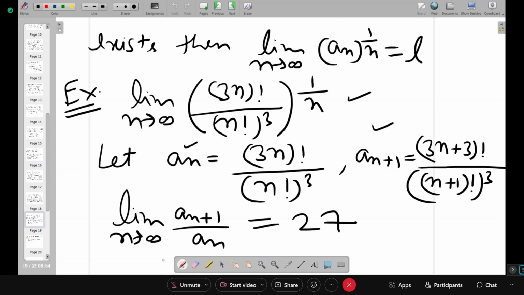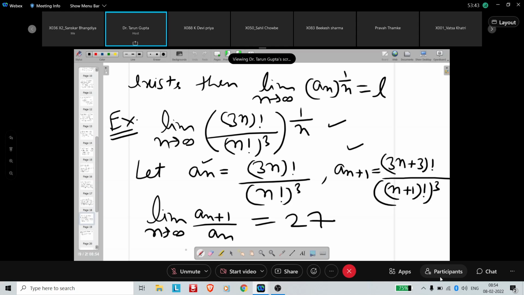In the next class, we will see some more examples of sequences and how to prove that a sequence is convergent.